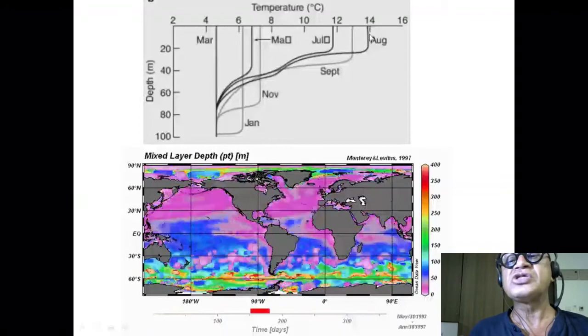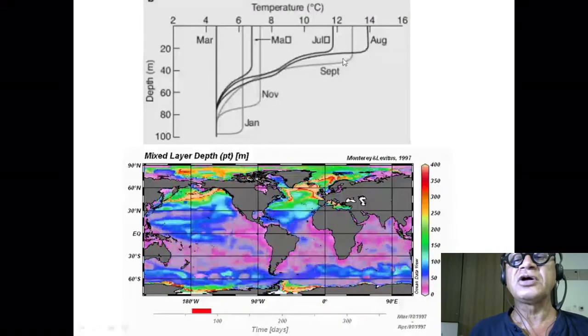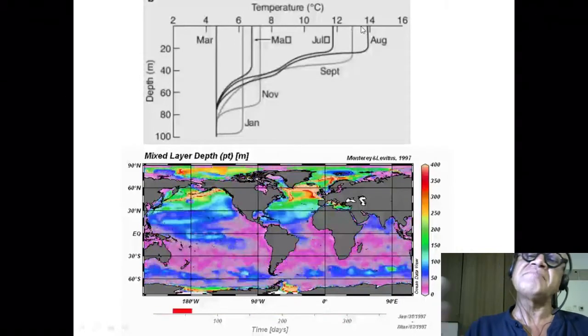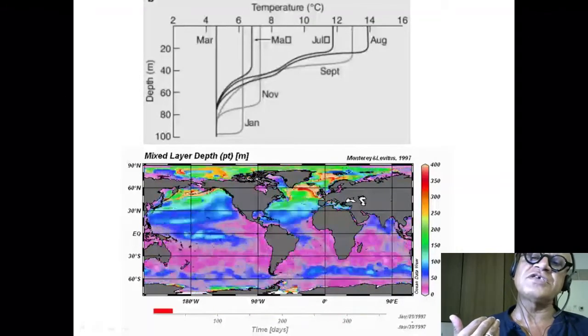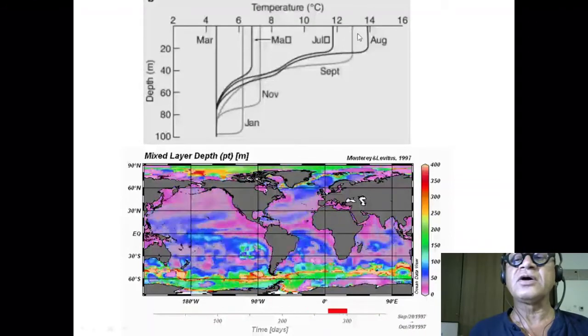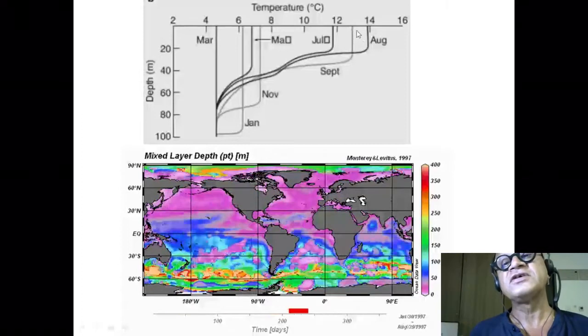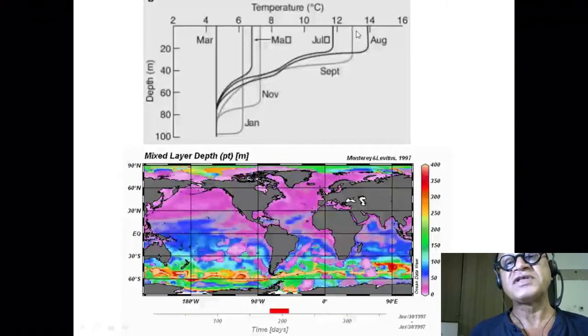The warming continues. In August you reach the peak temperatures and peak thermocline gradient, and as the sun begins to go south after the summer solstice, already it's moving south.